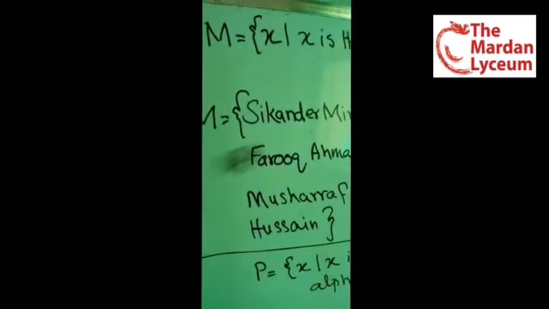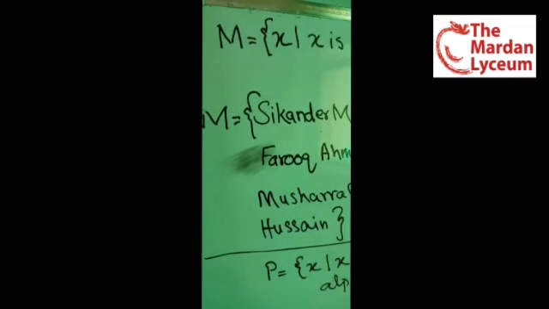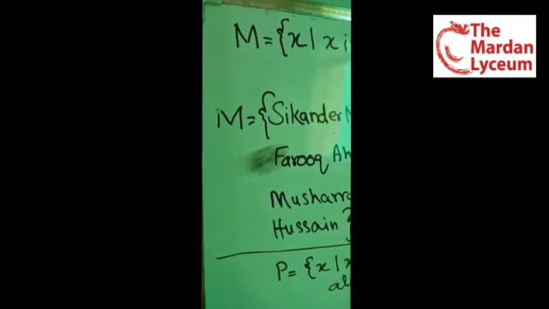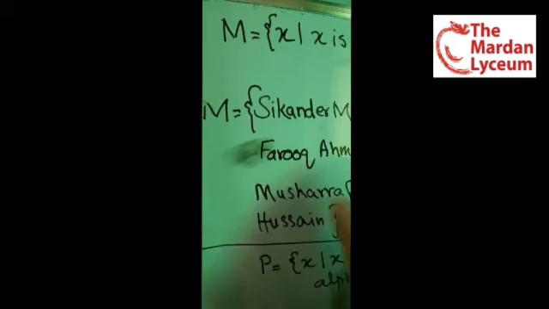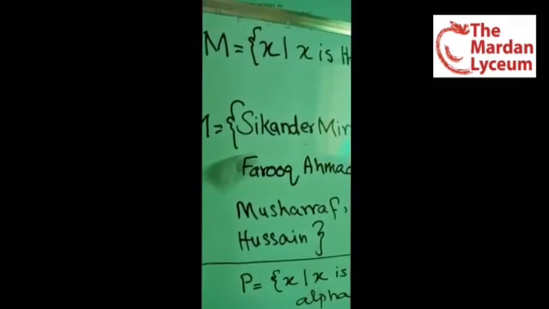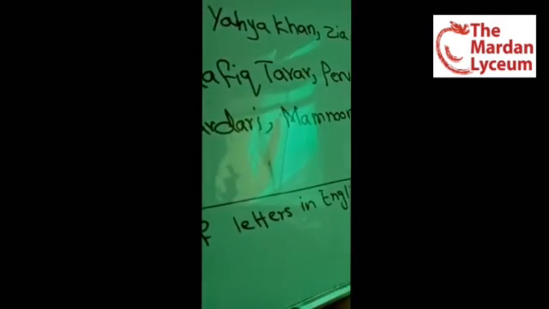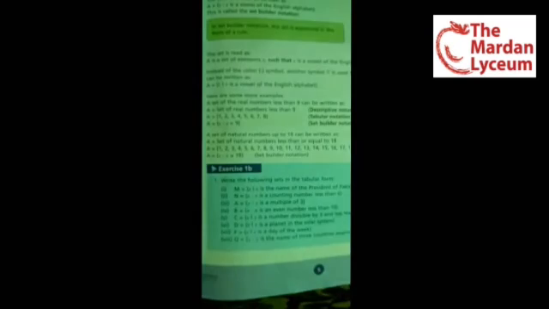Now, if you write it in tabular notation, then it will be written that M is a set, curly bracket, and then Sikandar Mirza was the first president, then Ayub Khan, then Yahya Khan, then Ziaul Haq, and then Farooq Ahmad Laghari, and then Rafiq Tarar, and then Pervez Musharraf, and then Asif Ali Zardari, and then Mamnoon Hussain, and then curly bracket closed. You will write it in this form.